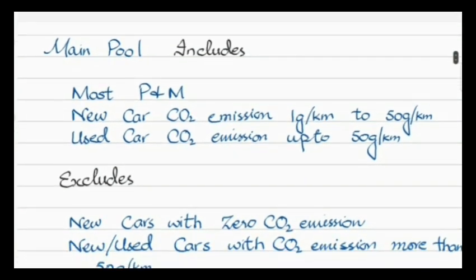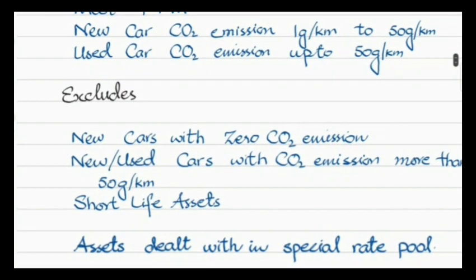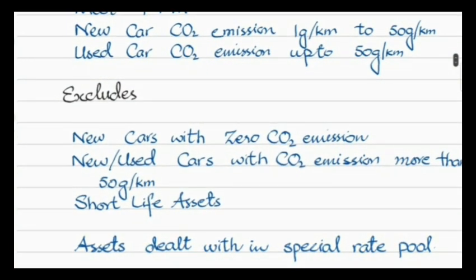The main pool includes most plant and machinery, new cars which have a CO2 emission of 1 gram per kilometer to 50 gram per kilometer, while used cars with CO2 emission up to 50 gram per kilometer. Means used cars with zero CO2 emission will also be included in the main pool.